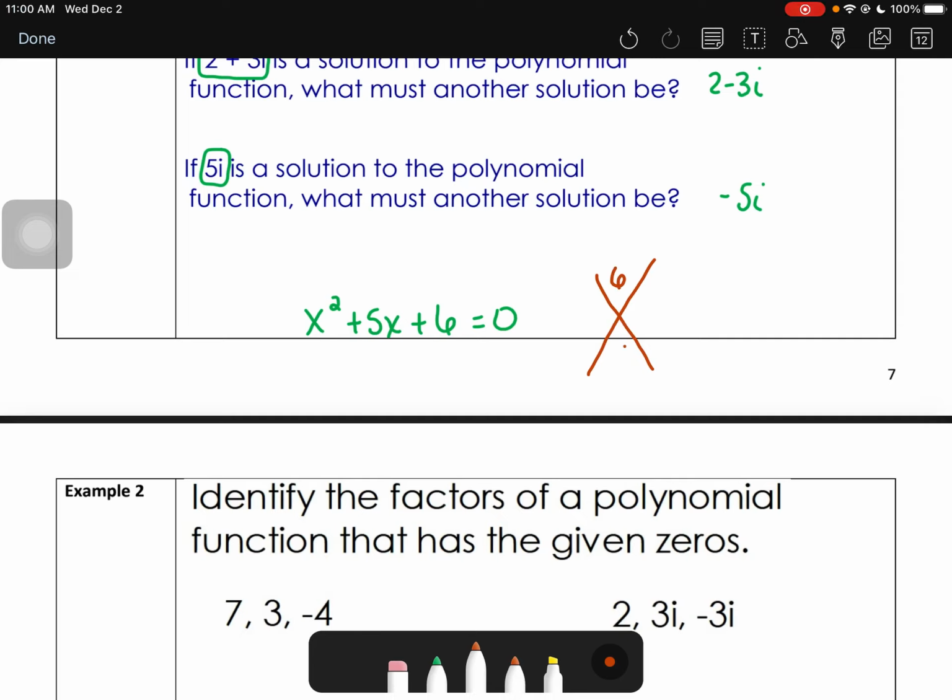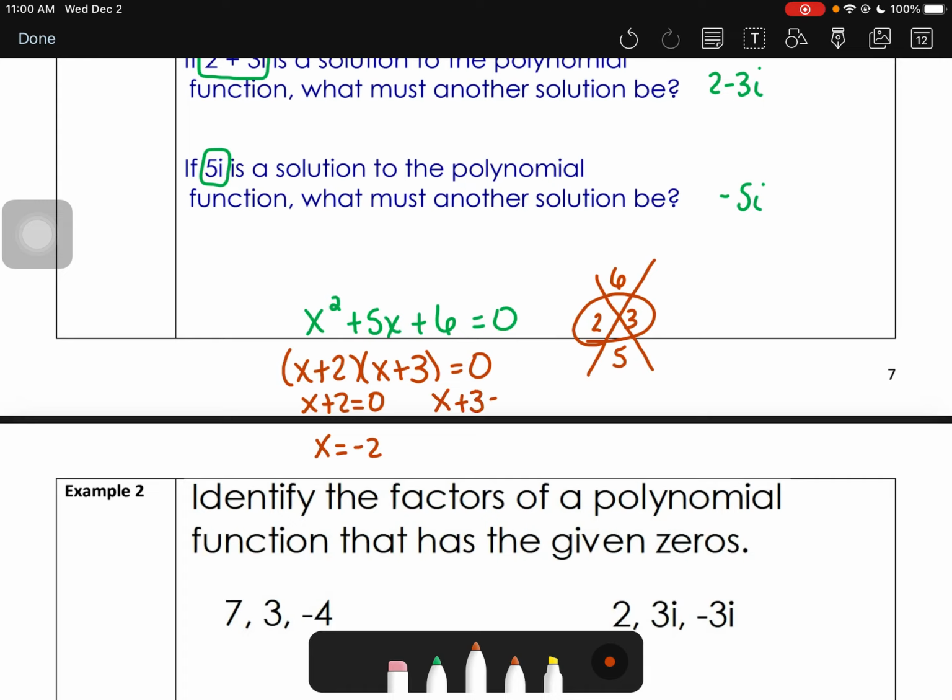I know that multiply and add, so what two numbers multiply to be 6 but add up to be 5 would be 2 and 3. So my factors would be x plus 2 and x plus 3 equal to 0. So there's my equation, and now it's in factored form. To find the solutions, I set these equal to 0 and I solve.